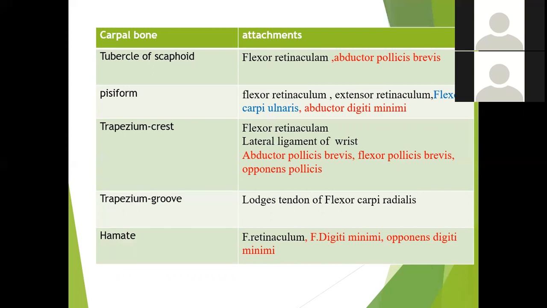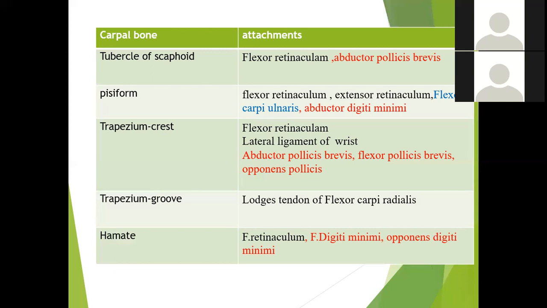Okay. Now we are coming for trapezium. So trapezium, we saw, has a crest, isn't it? This is the lateral side bone in the distal row. So this trapezium gives attachment for flexor retinaculum, and also it gives attachment for a ligament called the lateral ligament of the wrist joint. Next, this crest also gives origin for three muscles.